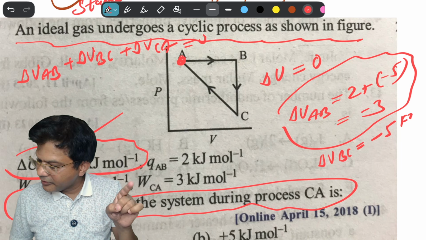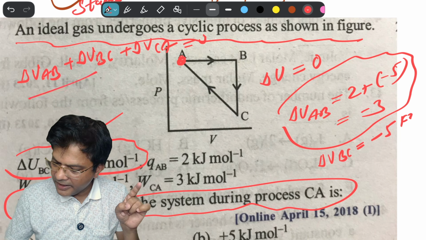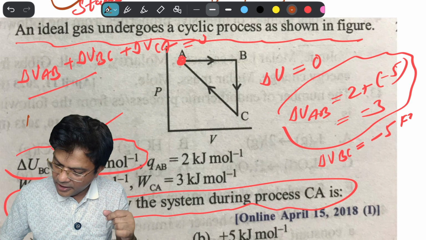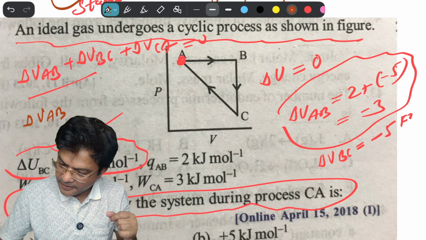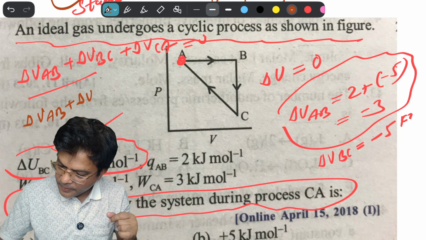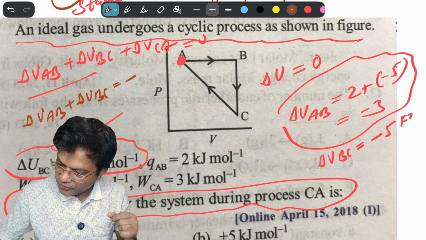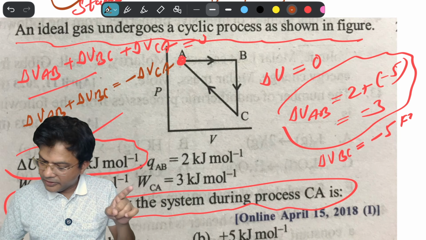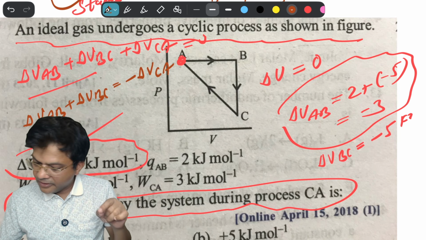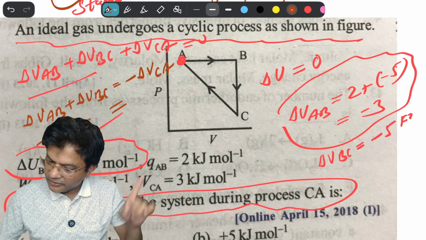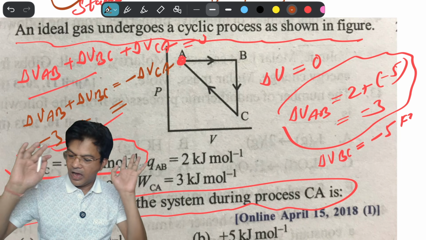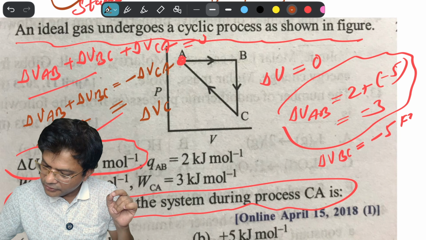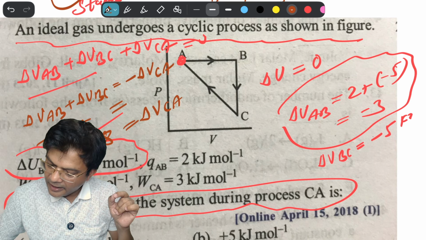So can I say, what is given is A to B and B to C. The change in internal energy A to B plus change in internal energy B to C is equal to minus the change in internal energy C to A. Can I write like this? So A to B is given minus 3, B to C is given minus 5, so this is coming minus 8. Have you got it? So minus minus will cancel out, and the change in internal energy C to A is coming 8.